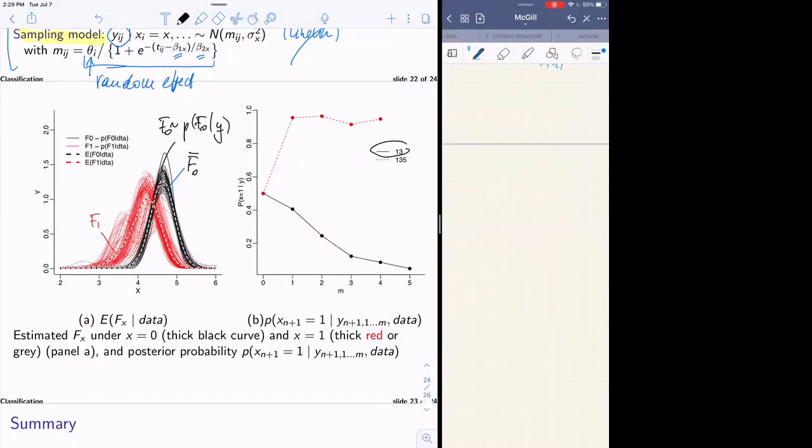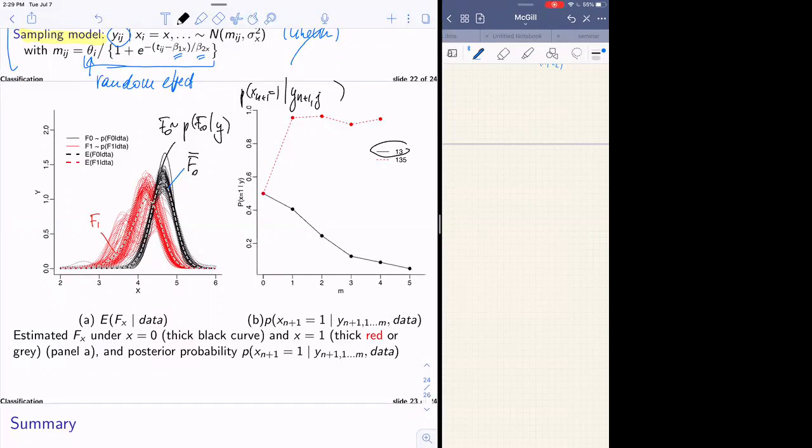And what we plot here on the vertical axis is the probability of x n plus 1 equal 1, the probability of an abnormal pregnancy for that woman, given her data y n plus 1, and this is longitudinal measurements. And we plot it for the first observation, I think 0 means before we get to see anything, yeah? 1 is after seeing the first observation, second observation, and so on.